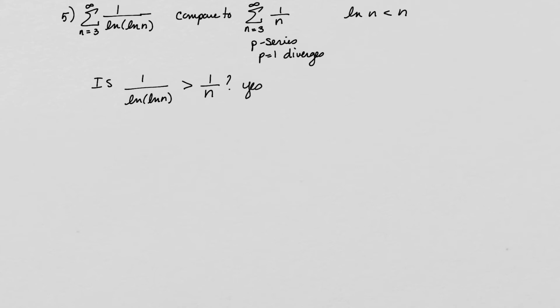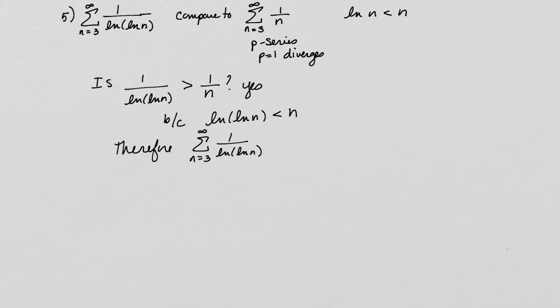The reason why is because the natural log of the natural log of n is always going to be less than n, so 1 over it is going to be bigger. So therefore, the series n equals 3 to infinity of 1 over the natural log of the natural log of n also diverges, because it's bigger than a series that we know diverges.